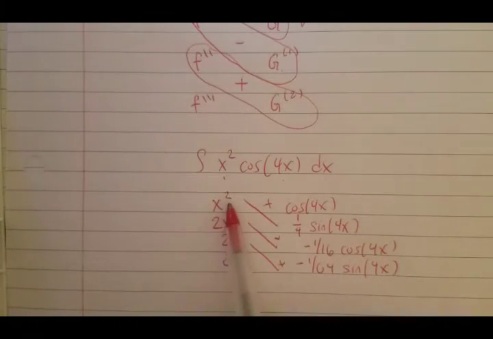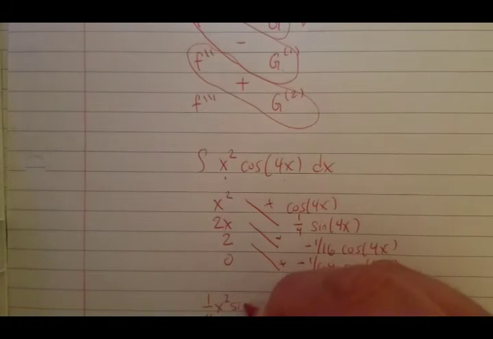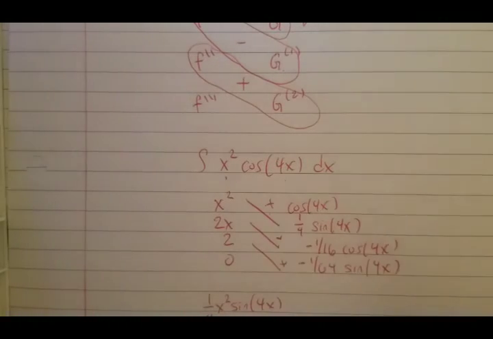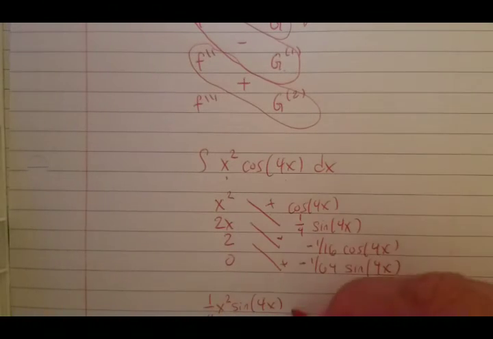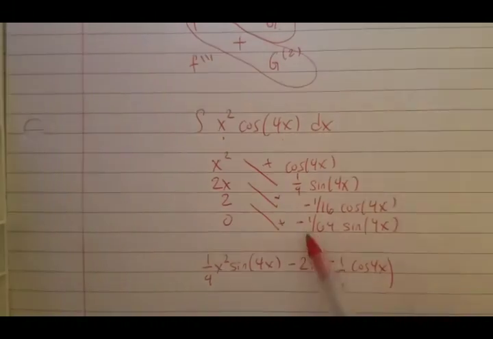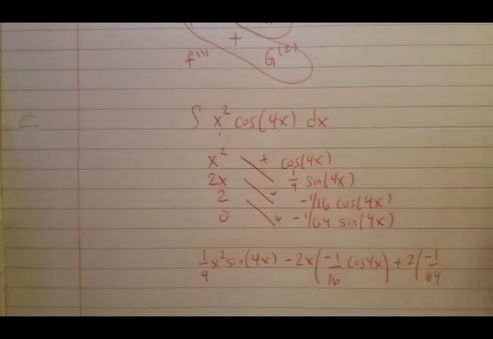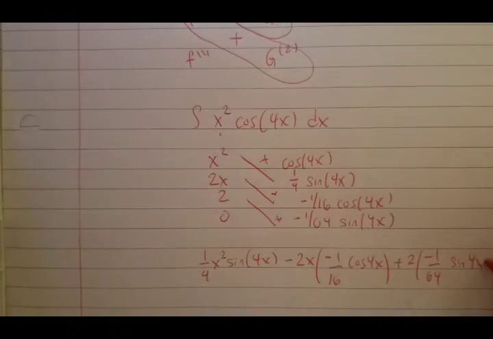So what I've got now is positive x squared times 1/4 sine of 4x, minus 2x times negative 1/16 cosine of 4x, and then for the last piece, plus 2 times negative 1 over 64 sine of 4x.